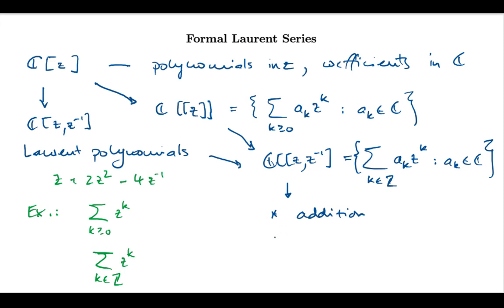We can also multiply by scalars. And so what this means is that the set, let me abbreviate the Z and the Z inverse like this, is a vector space over C.